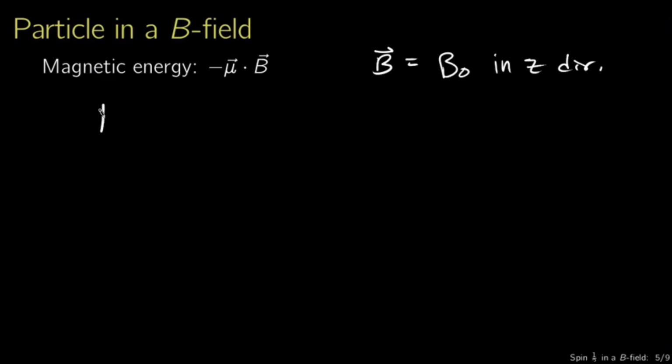We know the energy operator is the Hamiltonian. So the Hamiltonian under these circumstances is given by minus gamma B0 S sub z, where gamma S sub z is the z component of the magnetic dipole moment, and B0 is the strength of the magnetic field. Now, this expression, and I'll put hats on it for now, is really involving operators.